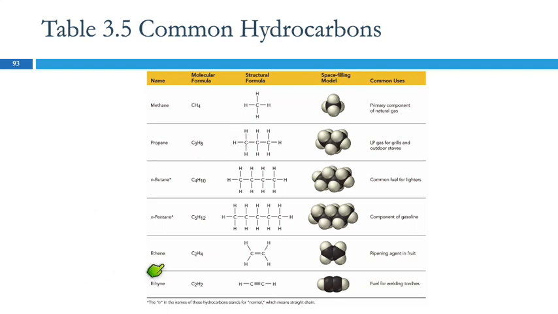Here we've got ethene. So the eth prefix means 2 carbons. So here we have 2 carbons, but the ene suffix means there's a double bond. So there's going to be a double bond between the carbons. There's fewer hydrogens now because each carbon has 2 bonds in the double bond and just needs 2 hydrogens to make up the difference. Ethyne is going to have a triple bond.